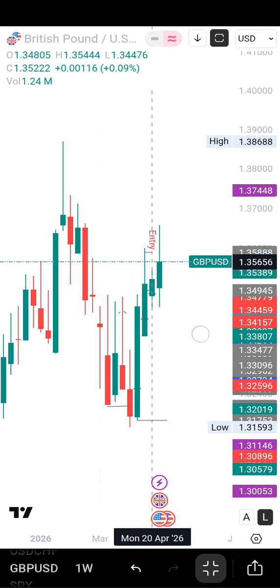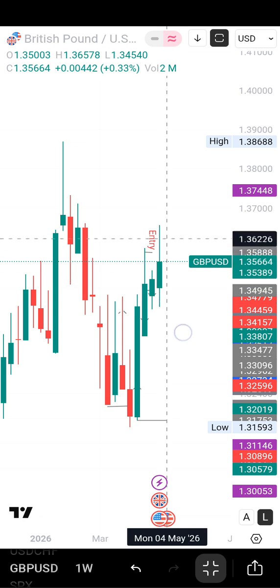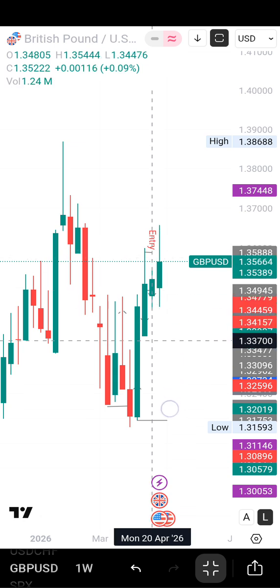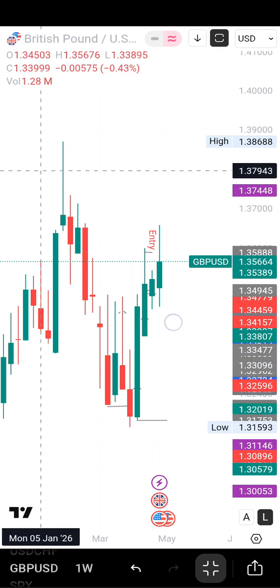So price might also retest down and probably react off any of the PD arrays around last week's candle before dropping down. So we have liquidity downside, and we also have liquidity to the upside, as the case may be.